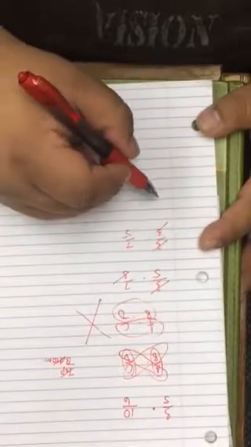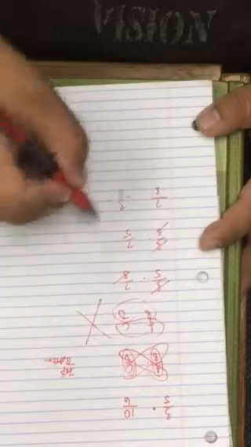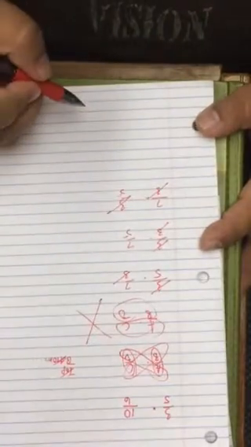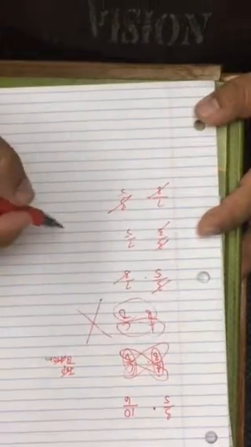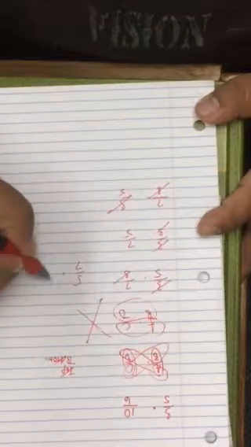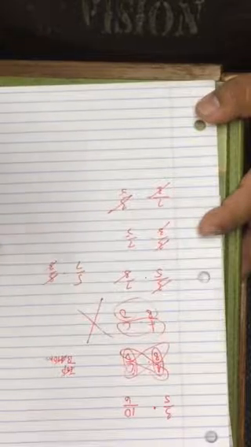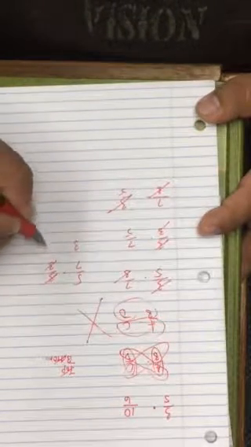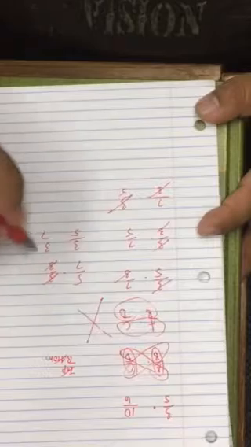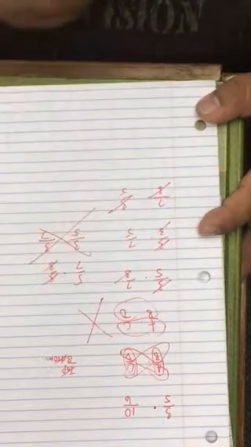Or if I had, say, 7/3 times 3/5, that 3 and that 3 cancels out. That's allowed. Let's see, what other combination can we have? 5/7, 3/3. That cancellation is allowed because, again, it's a top and a bottom. What you are not allowed to do is you're not allowed to cancel out side to side. So this would not simplify.